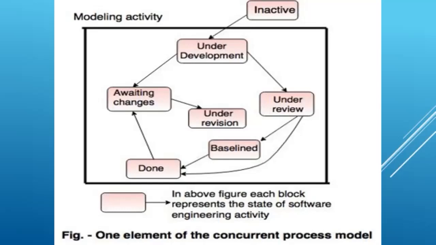That means the box represents the activities: inactive, under development, awaiting changes, under revision, under review, baseline, and done. These are the activities done in the concurrent process models.